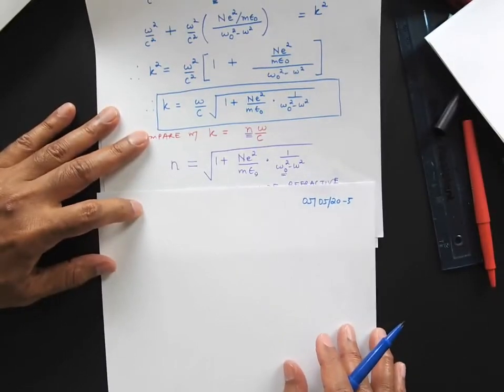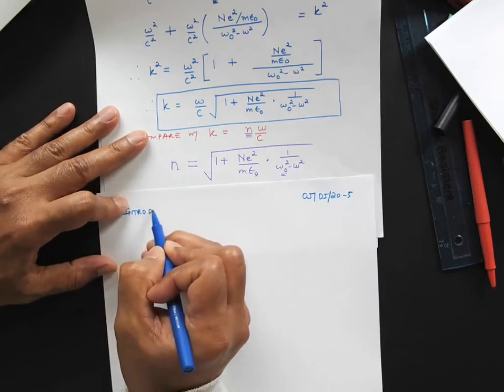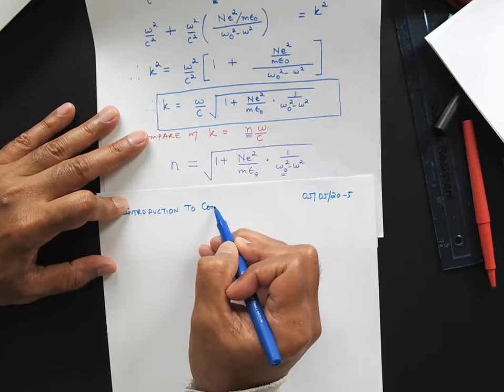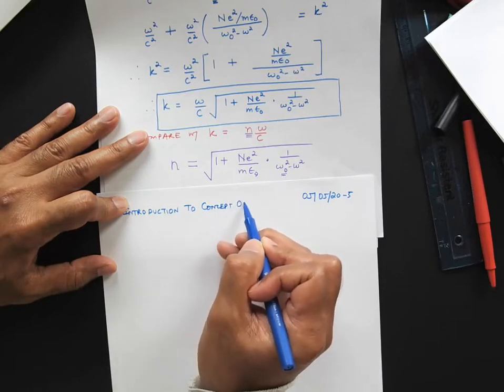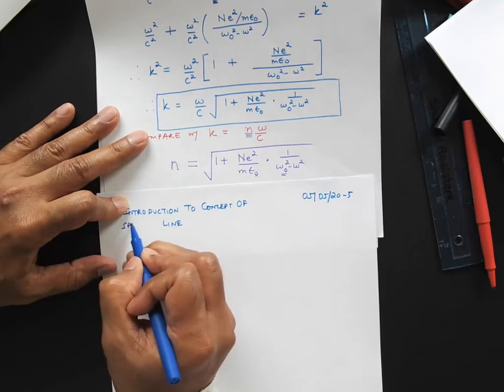What we're talking about is an introduction to the concept of line width, spectral line width.